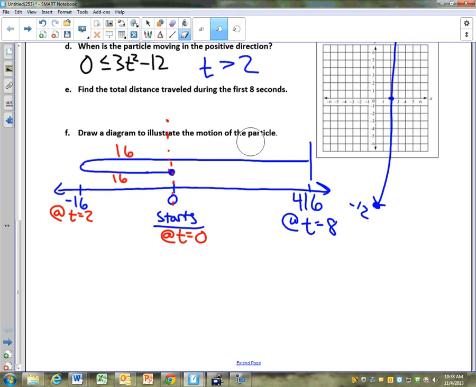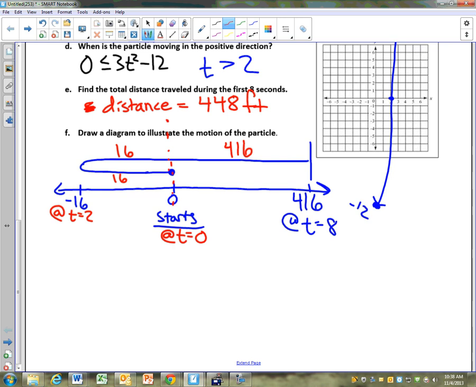So if we take 416 and add 32 onto that, we get 448, so my distance is 448 feet.